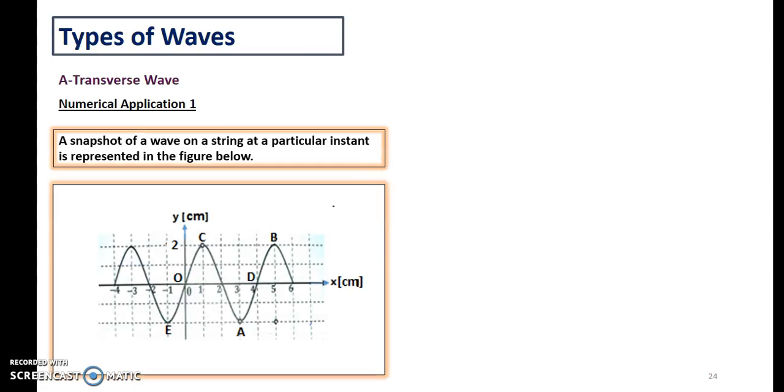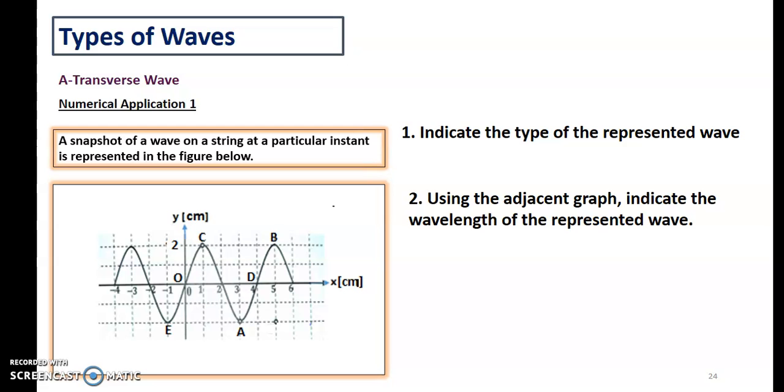Application. A snapshot of a wave on a string at a particular instant is represented in the figure below. So we have the variation of the amplitude y as a function of x. Indicate the type of the represented wave. Indicate, this means that there is no need to justify your answer.